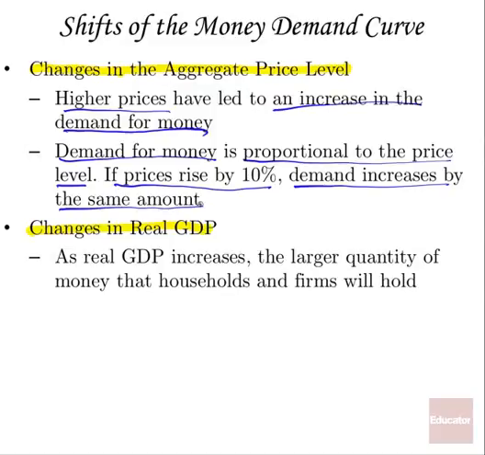So my demand to hold on to cash with higher price levels, when I'm buying a burger, I'm going to want to have $5.50 on hand. So the amount of cash I'm going to want to have on hand is going to correspondingly increase. So again, this is the theory behind this demand curve. Now again, it might not necessarily be very noticeable over the course of 1 year even.